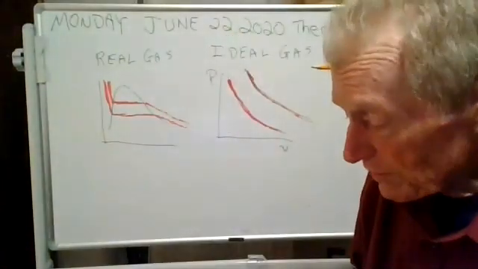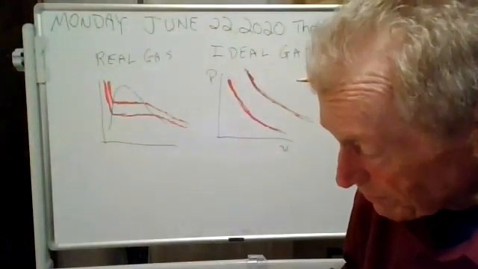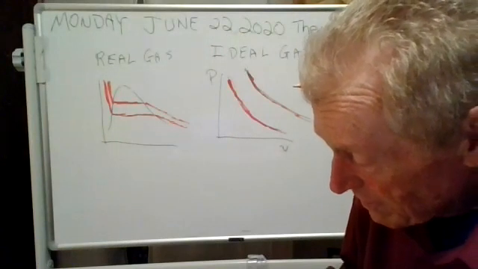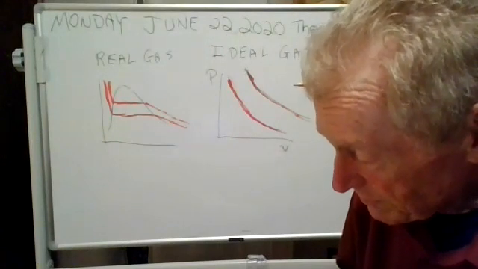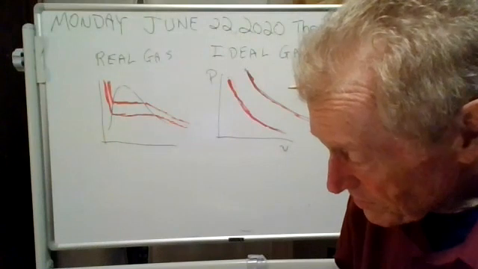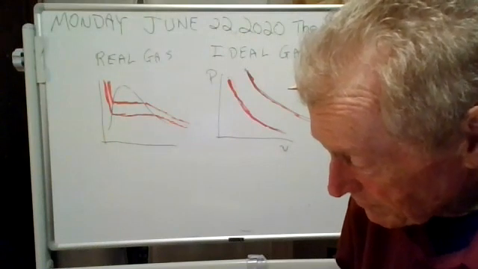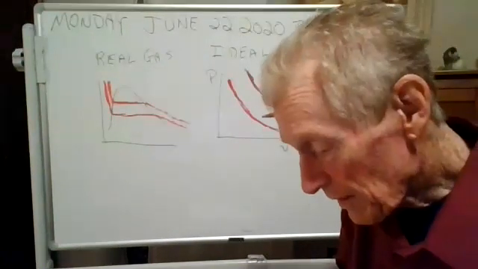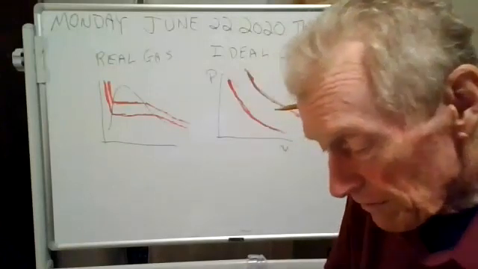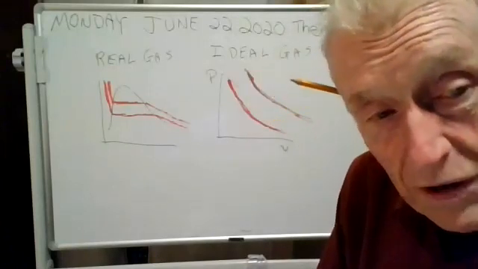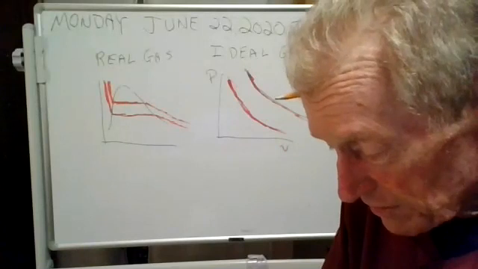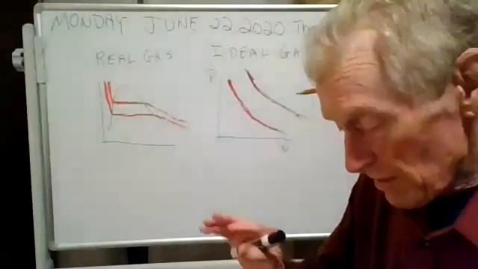the back of the book here, and there's all these tables, lots of tables, and there's a table here called saturated water. It's table B.1.1.